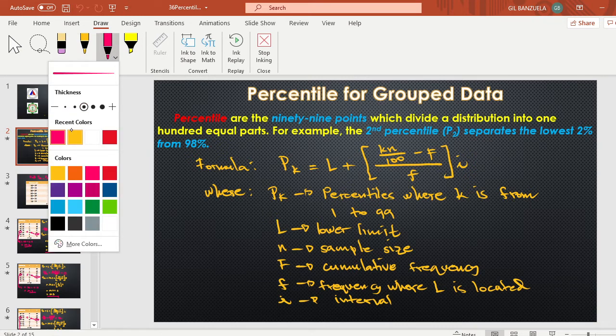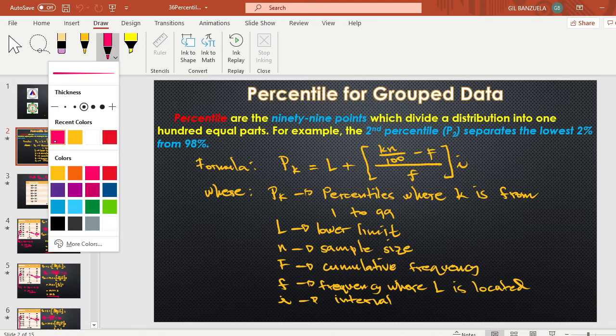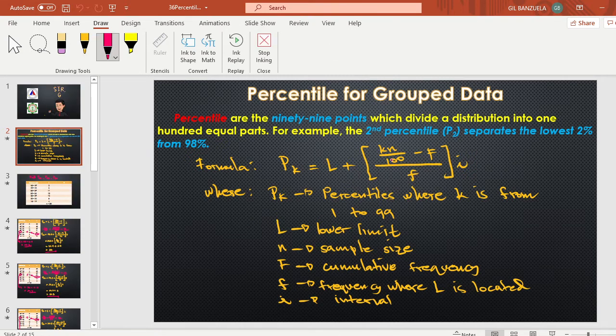Okay, so here is the formula for the percentile. P sub k is equal to the true lower limit plus a quantity of kn over 100. If you notice, guys, the denominator is 100 since we are talking about 100%.